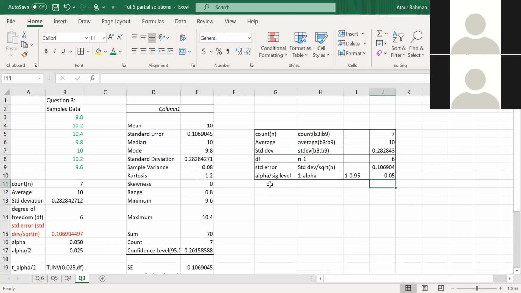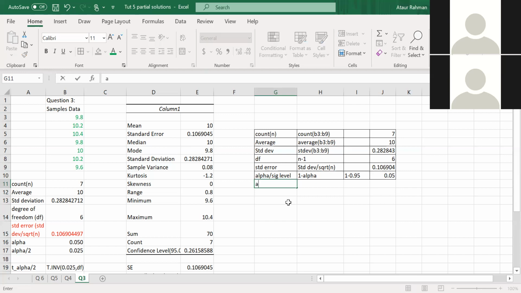So we got the significance level there. Basically, in this case, we have to use alpha by 2, because we are trying to find both the lower limit and the upper limit when we want to find the confidence interval.